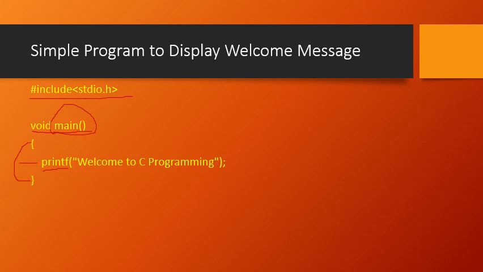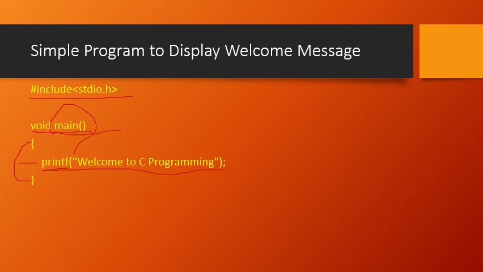Within these two brackets, we have studied that there can be two different sections. The first section is variable declaration, the second is the executable statements. Here we have not written any variable declaration. There is only one executable statement. What is it? It is printf, that is, print something on the monitor. What is that something?